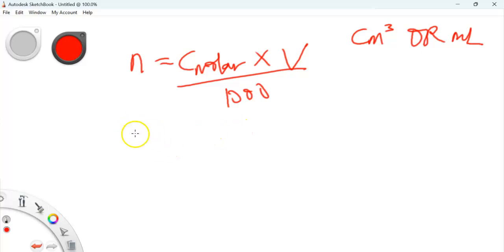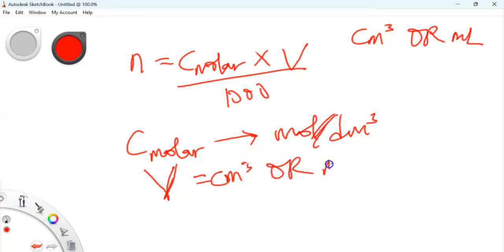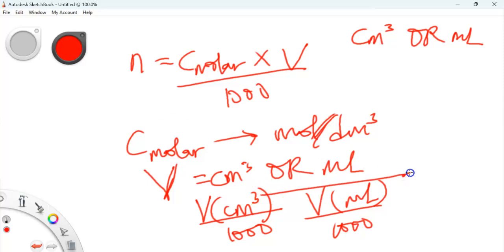Why? The reason is this. C molar concentration is always in mole per dm cube, right? Then volume, if it happens to be in cm cube or mil, once you divide it by 1000, you've automatically converted it to dm cube or to liter.